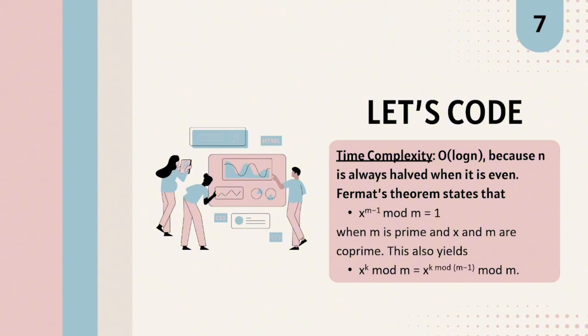According to a theorem called Fermat's theorem, x to the power m minus 1 mod m is equal to 1, where m is prime and x and m are co-prime. Simple, no need to remember all this stuff. You just need to know how to code, and you just need to know the time complexity. That's it. Now our task is to write a code for the same.